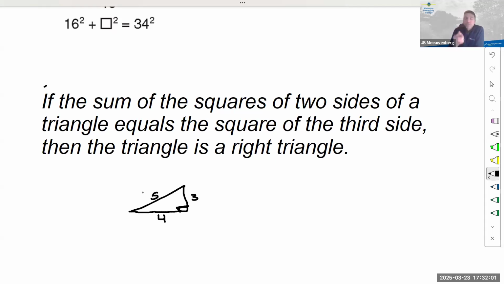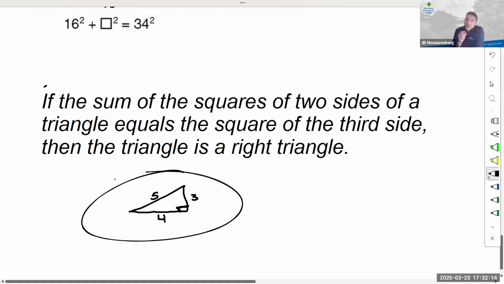If you can form something that has these proportions, then you know you have a right angle. Not having any measurement tools to make sure you have a right angle, all you need is an actual physical triangle with those side lengths.